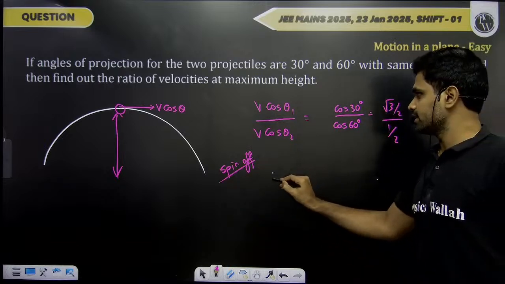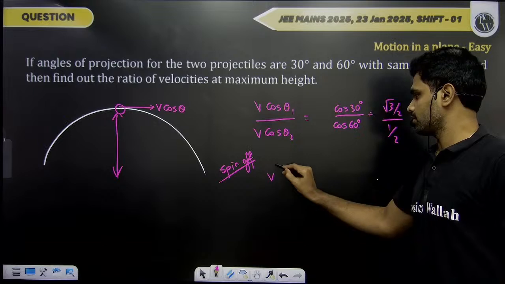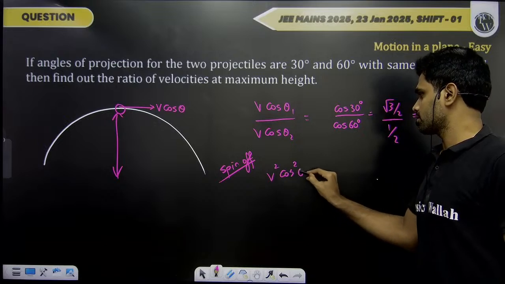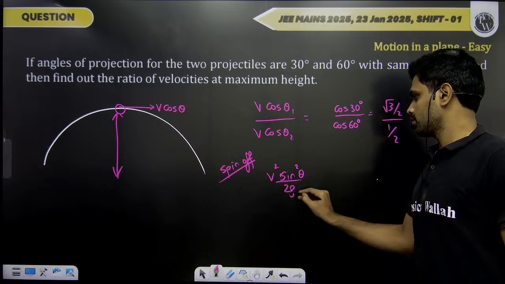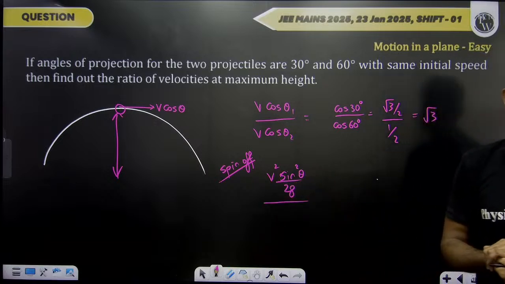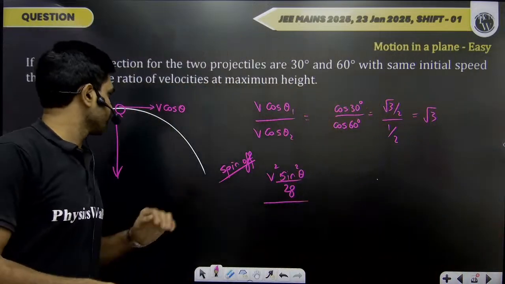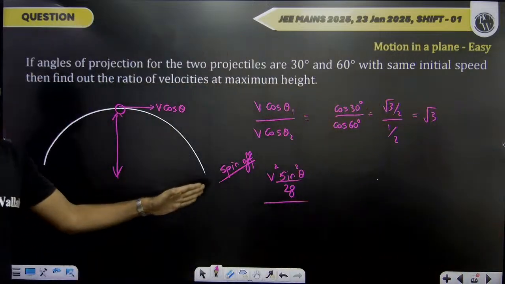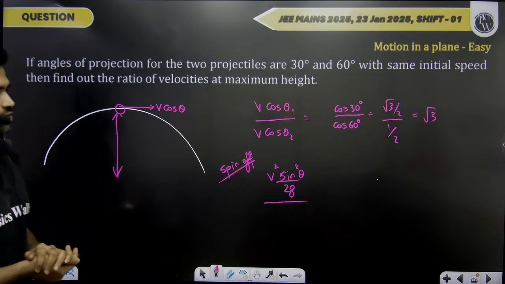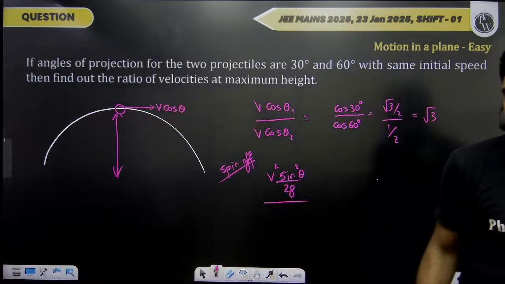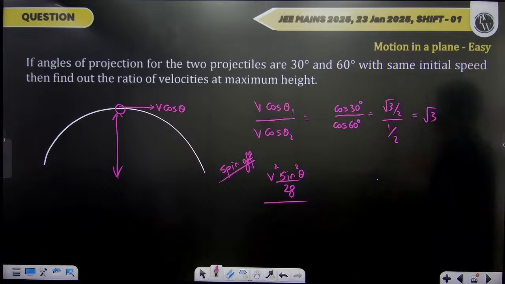Ratio of maximum heights would be v square sin square theta by 2g. Those would be the spin-off questions for the next shift. Ratio of maximum height or ratio of ranges. So such questions you can expect. So this was an easy question because direct formula based question.